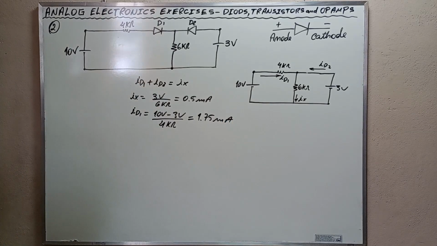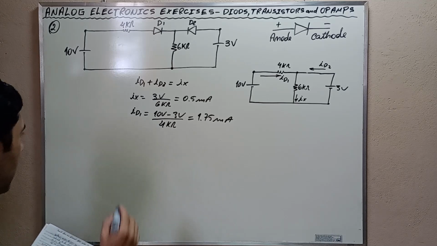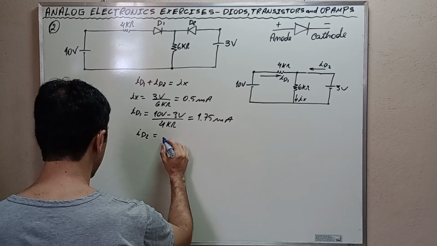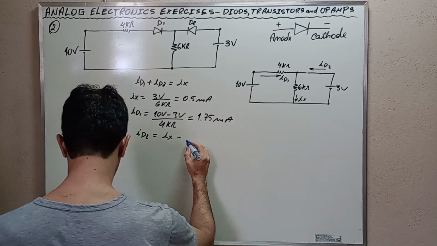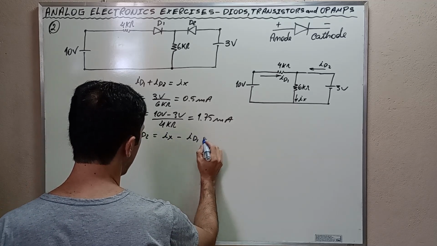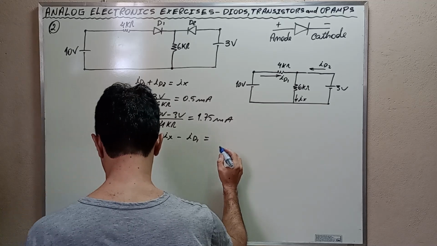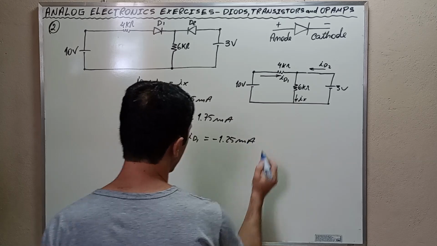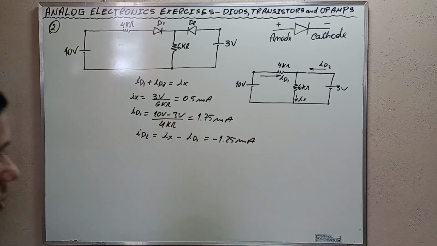From this expression, we obtain that ID2 is equal to IX minus ID1, which is equal to negative 1.25 milliamps. Okay, we have found the currents. And what is the conclusion that we get?